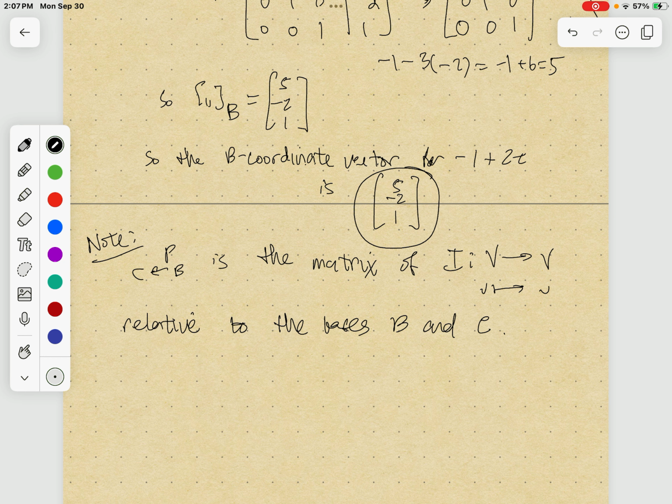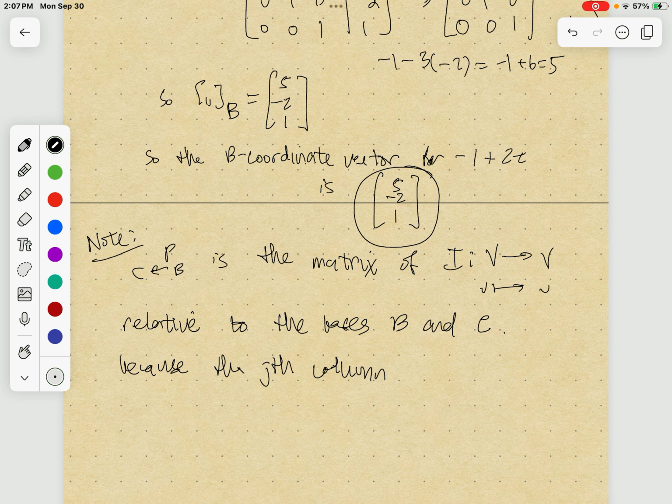Okay, why is that? Because this matrix, the jth column of this matrix for each j is precisely I of vj relative to c. And that's precisely what you do, so here B is v1 through vn, right?